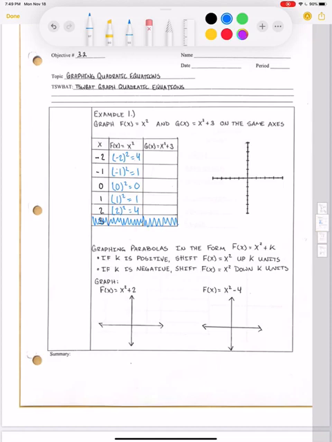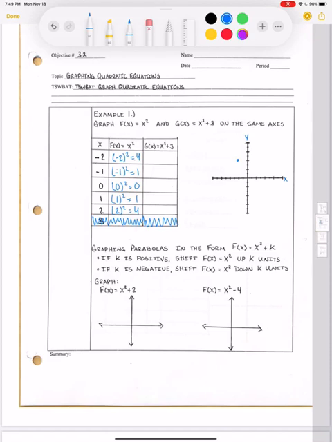So the points I have for f of x equals x squared, I'm going to go ahead and plot on my graph. The first point I have is negative 2, 4. So I'm going to go on the x-axis, I'm going to look at negative 2, and on the y-axis, I'm going to look at 4, and I'm going to plot the point. So negative 2, positive 4. That's going to be right there.